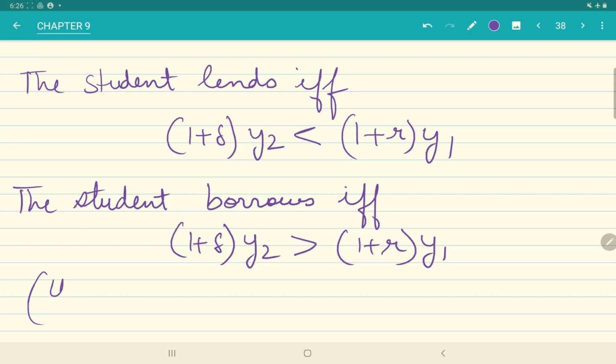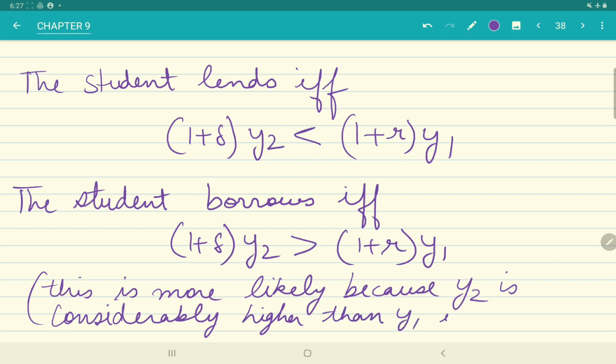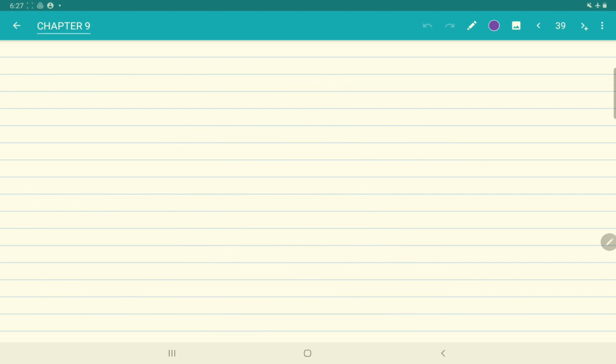Here you can say that this is more likely because y2 is considerably higher than y1 in the student's case.